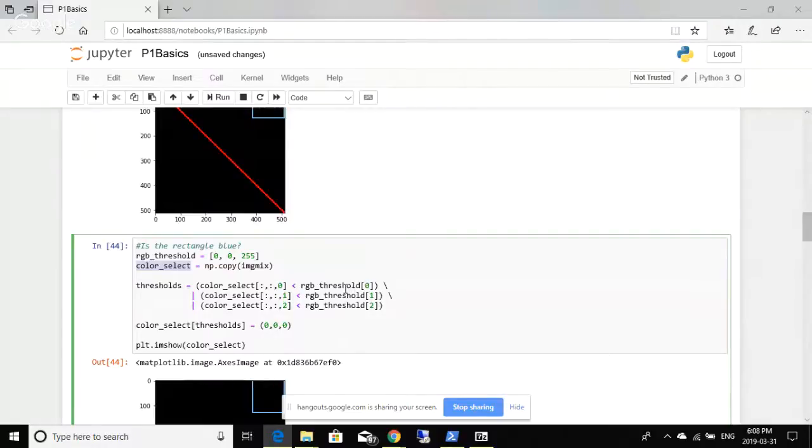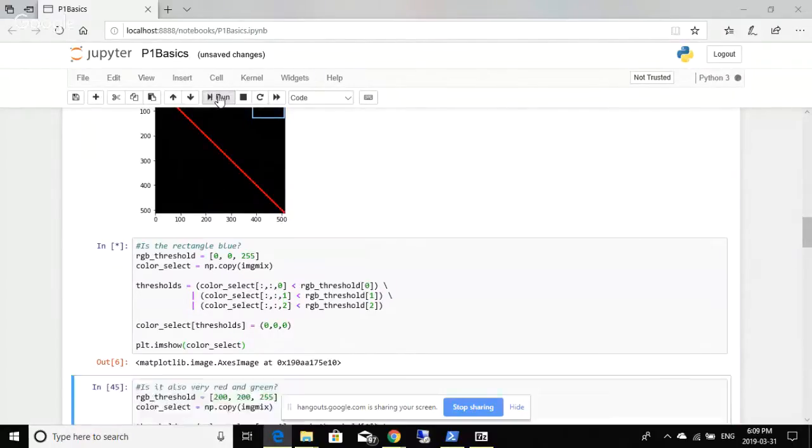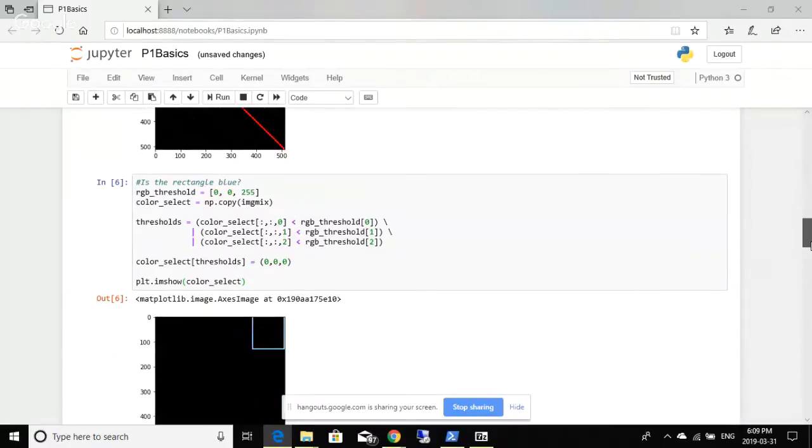As you can see, there are three thresholds, and these thresholds are being applied to the color selection. This will result in more or less a Boolean. Anything below the threshold is black. But luckily, the rectangle is full blue, so it survives this filter.